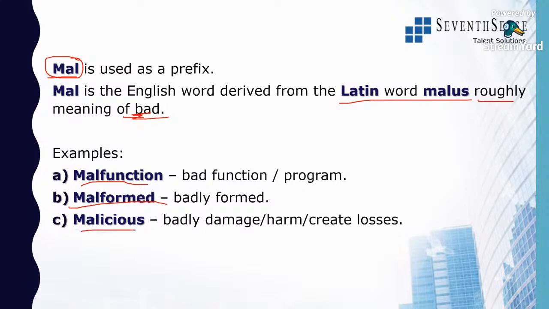So from these you can see that if you know the root word, suffix and prefix, then it will be easy to understand the meaning of a word, even if it is unknown to you. So try to understand some of the root words, prefixes and suffixes.